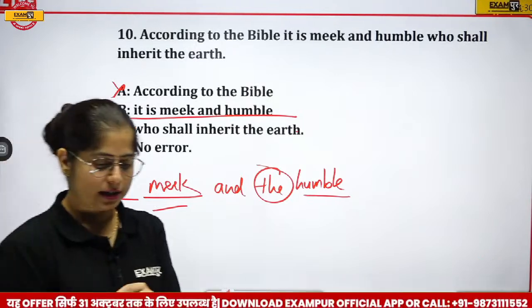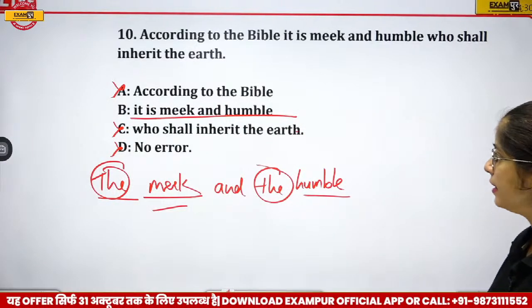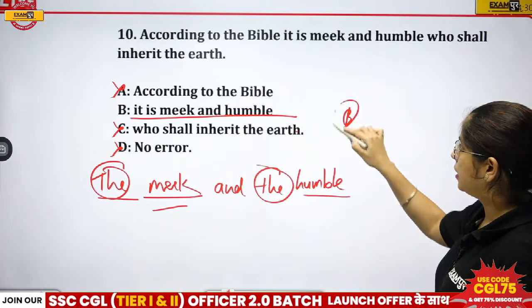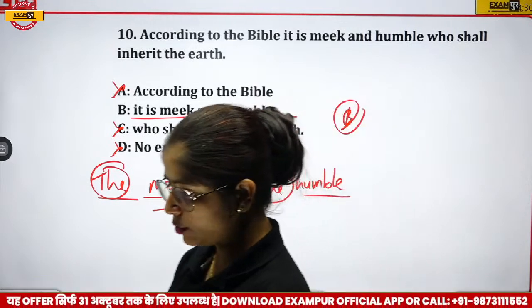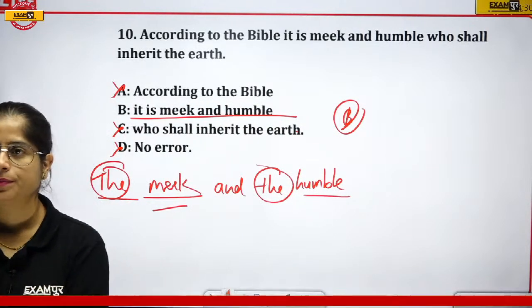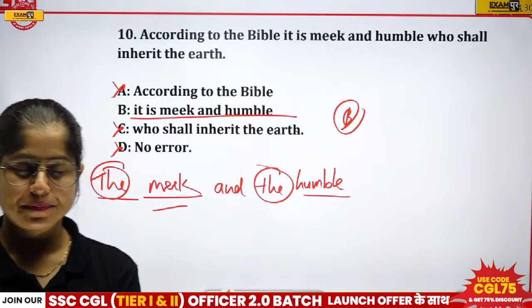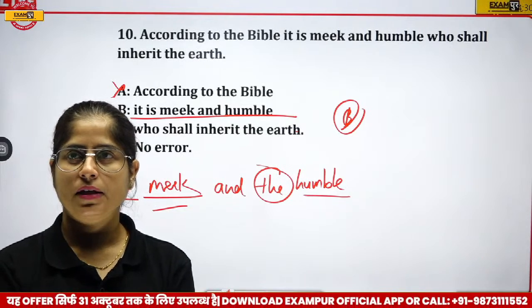Right? Understood? Clear now? So the error was in part B. Instead of meek and humble, you needed to add the meek and the humble. Are we clear now? Yes?